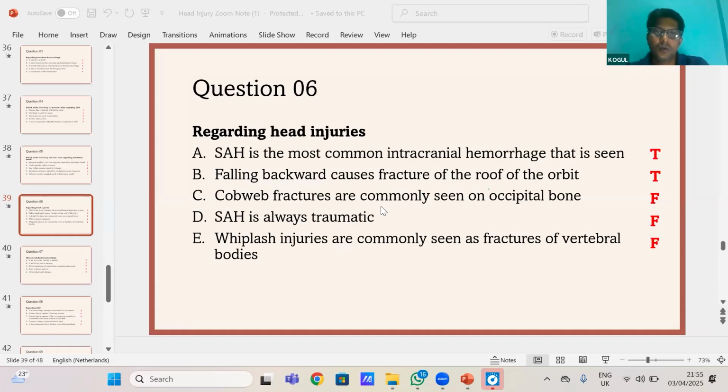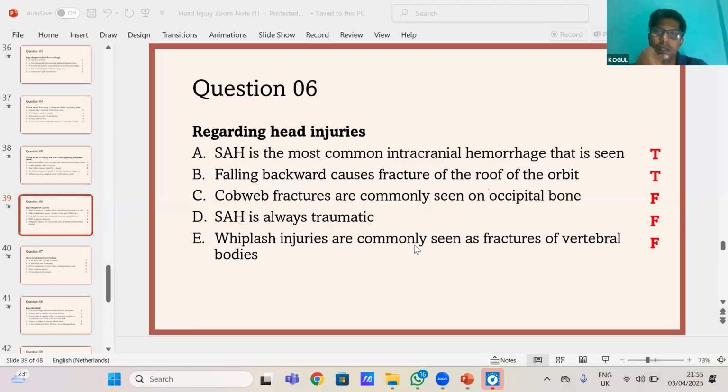SAH is always traumatic: I told you to answer the questions clearly. It is false, because even EDH is not always traumatic; sometimes there is a possibility of other natural causes, though very rare. But SAH is always traumatic is surely false.